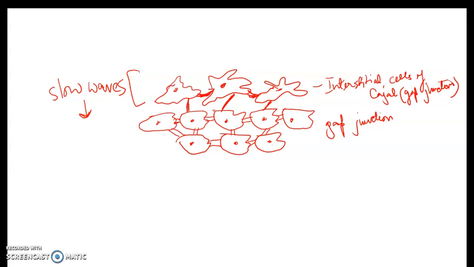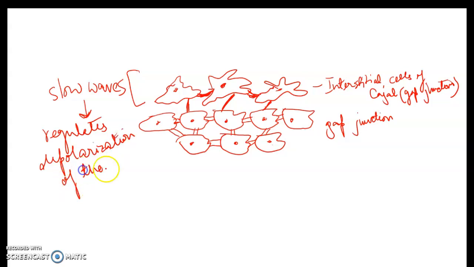So remember, the slow waves which are generated by the interstitial cells of Kajal regulate depolarization of the smooth muscle cells.